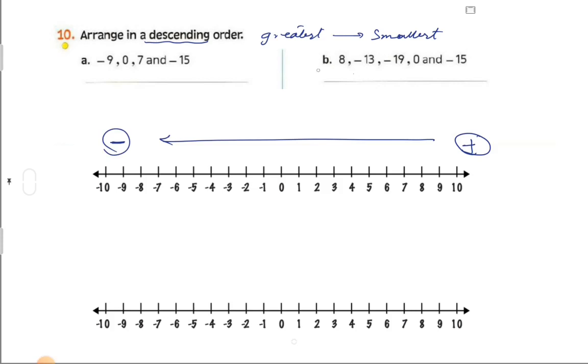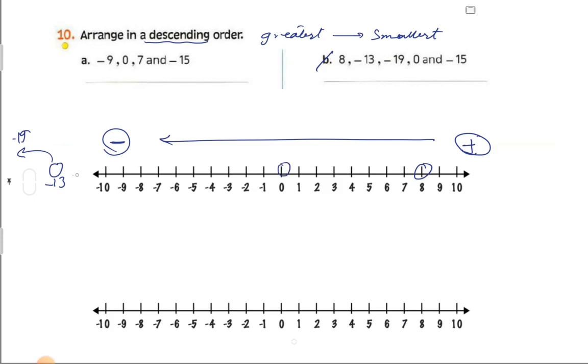Where is this number? Let's write 8. Negative 13, where is negative 13? Negative 13 here. Okay, negative 19, of course negative 19 is here, right? Where is 0? Here.